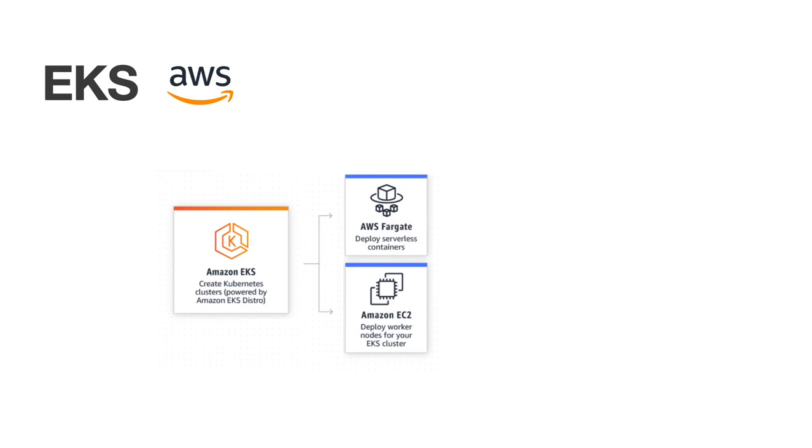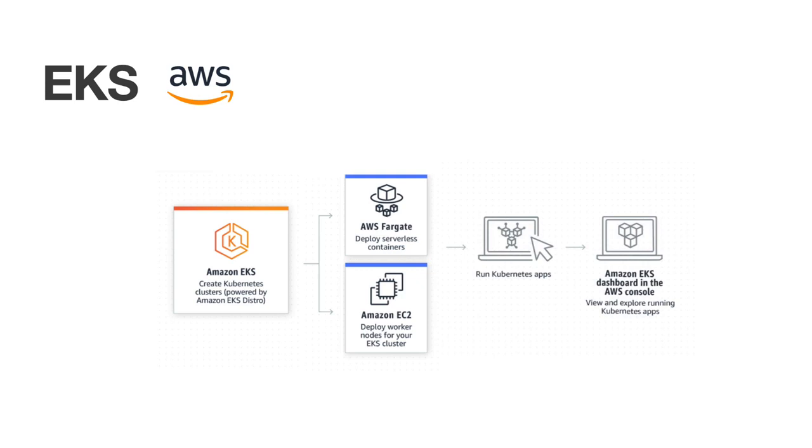So the difference between these two is that EC2 is for long running applications, whereas Fargate is mainly for serverless containers, so applications that don't need to be running all the time. And from this, you can see that it's much easier, and you can then pretty much just run your Kubernetes applications. And this is really cool.